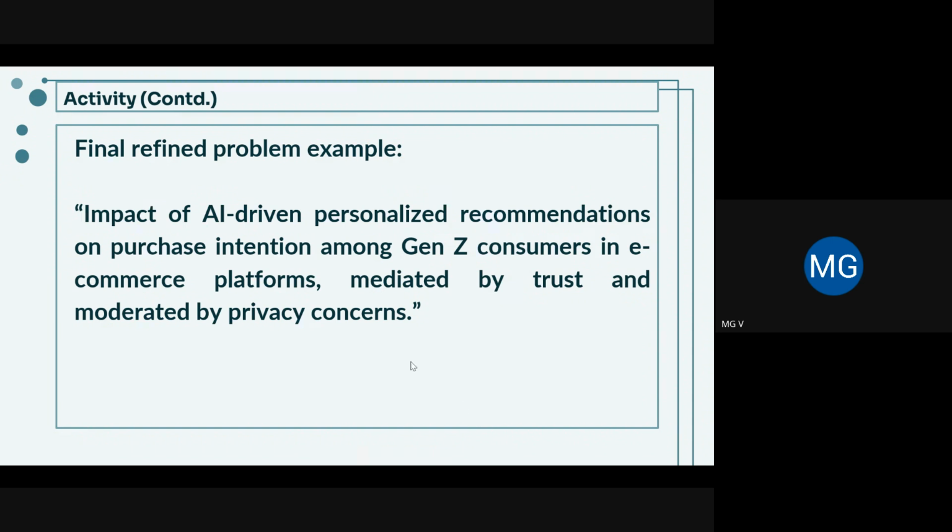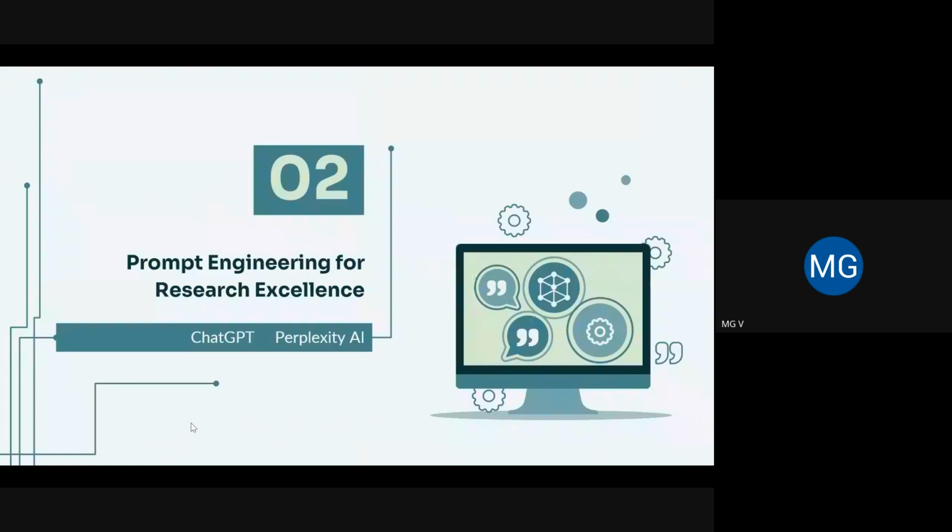So now we are in a position, having undergone transition from literature review to research design. We are now in a position to convert research gap into research design, define clear research objectives, and are able to identify key variables like IV, DV, moderating variable at least.